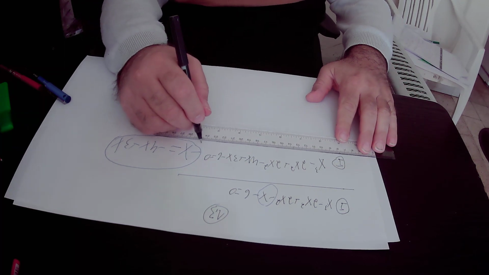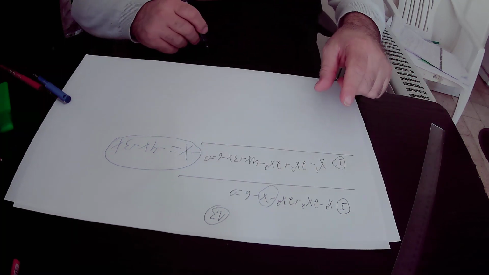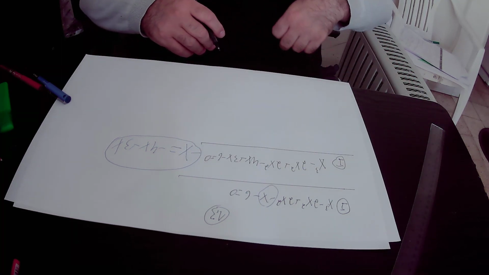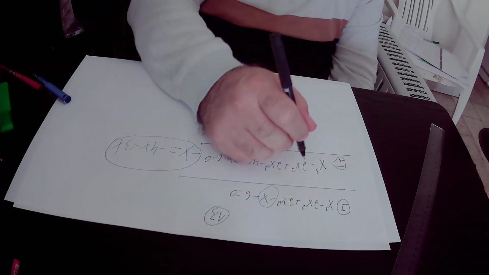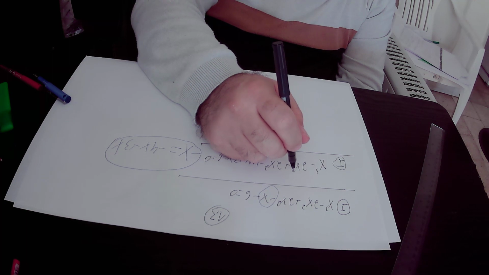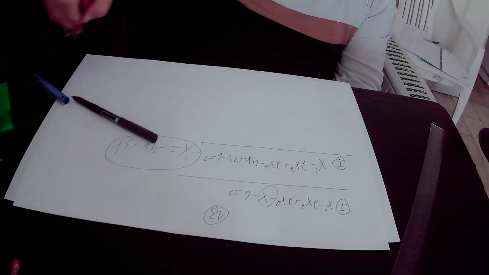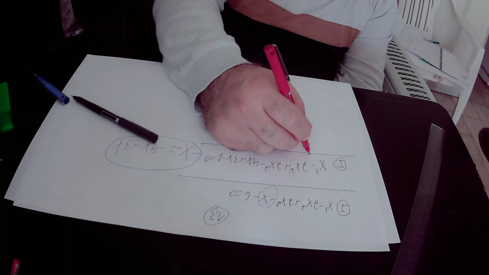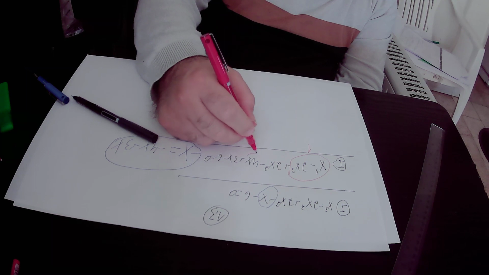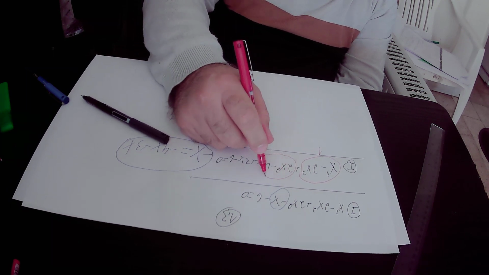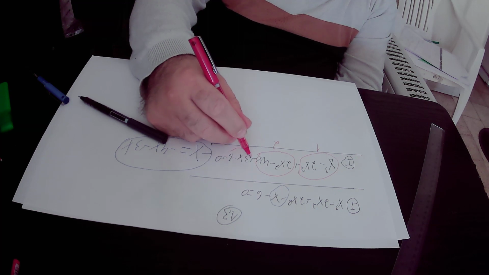Here we will divide equation number 1 into 3 parts, and we will take a common factor from each part. So this will be the first part, this will be the second part, and this will be the third part.